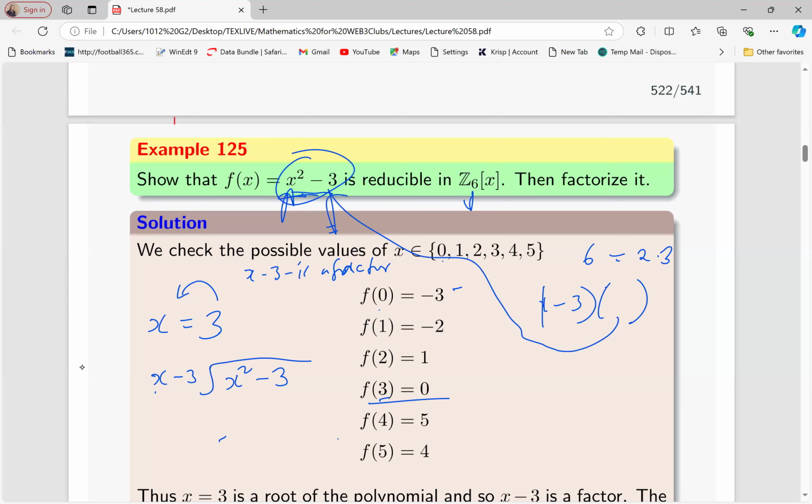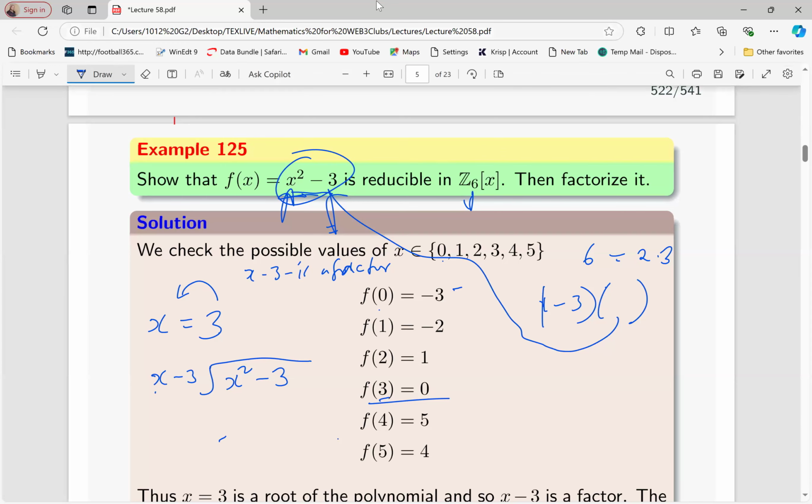Let's see what that something else is using yesterday's knowledge of division. x goes into x squared, x times, then that times that, you get x squared minus 3x. Let me just write this one properly.